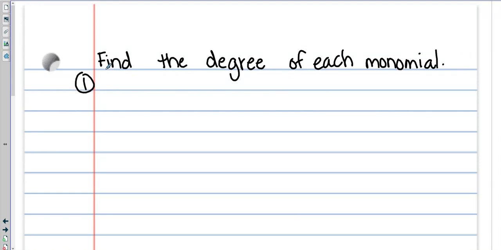Okay, example number 1. Negative 3x to the 4th power.